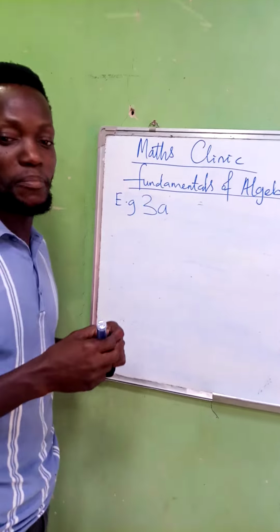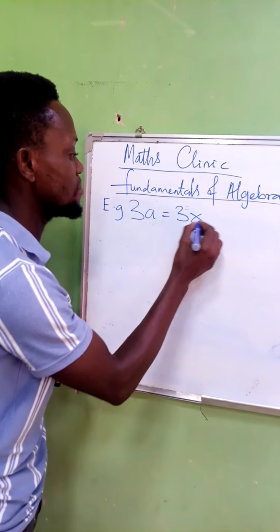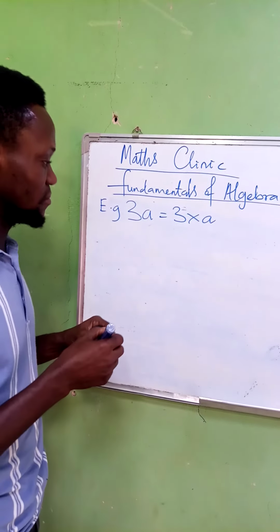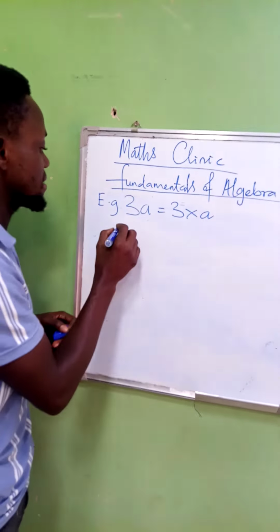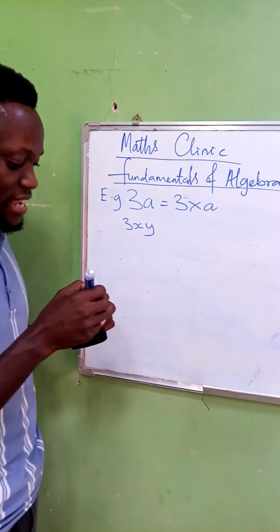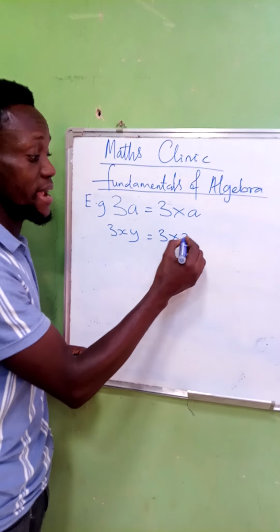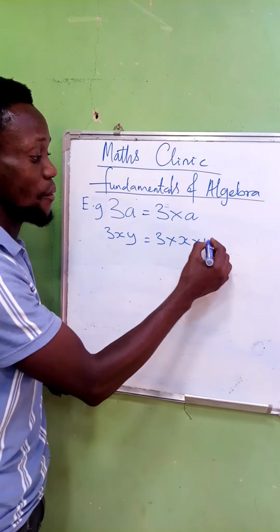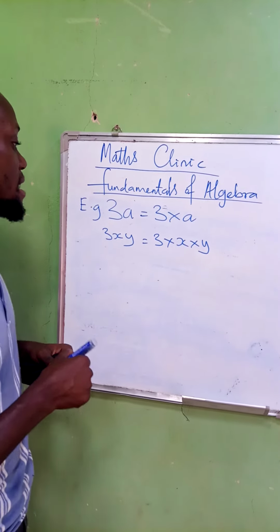What does 3a simplify to? 3a means 3 times a. Or if we have something like 3xy, what does 3xy mean? 3xy means 3 times x times y. Okay?